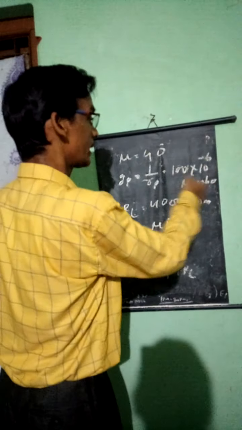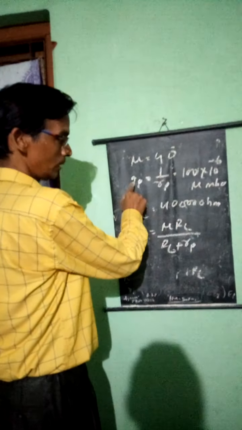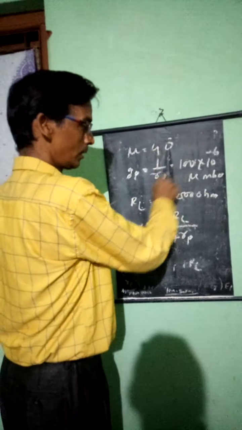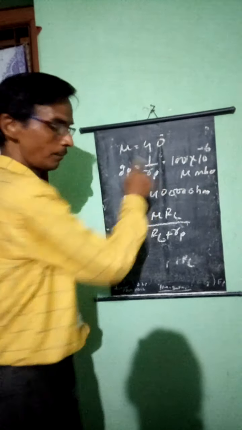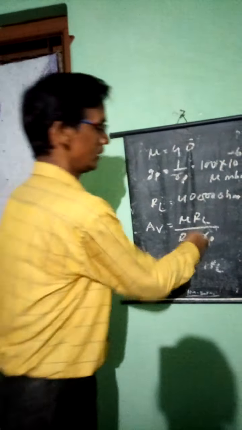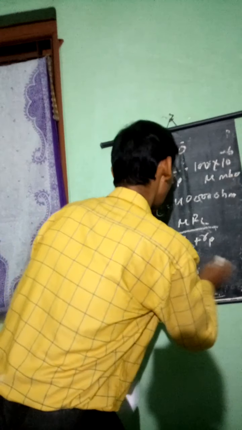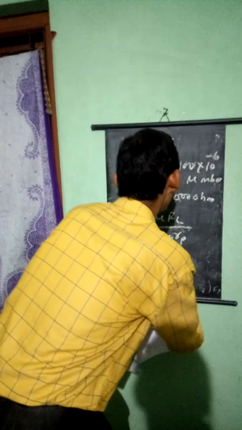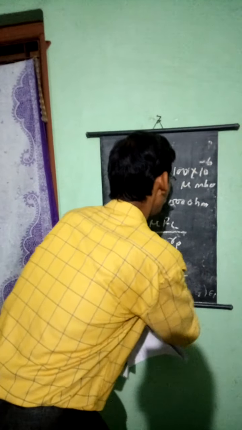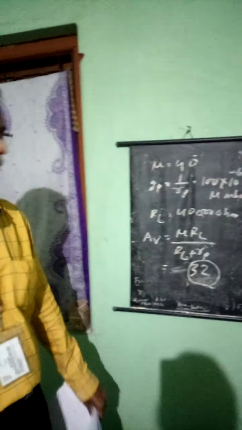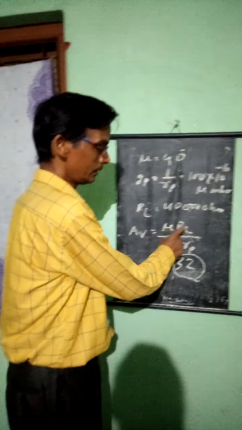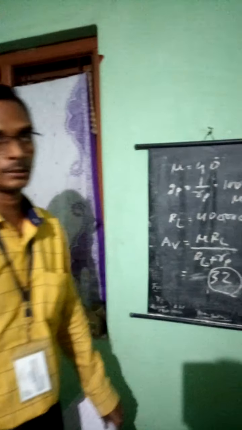Find this Rp from here by taking the reciprocal, because 1 by Rp, the transconductance, is given. Let us find the dynamic plate resistance, put it here, and you can get the answer. Suppose you are getting 32. Let it be 32. It has no unit, because the amplification factor has no unit. This is ohm, and this sum of two resistors is also ohm.